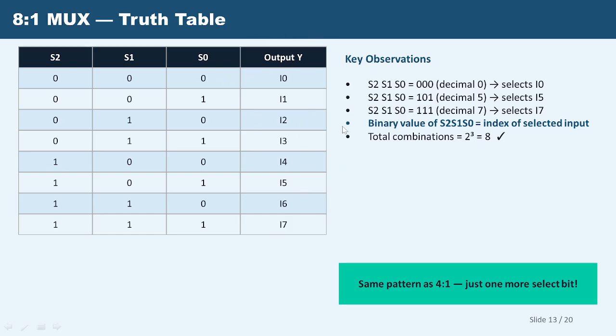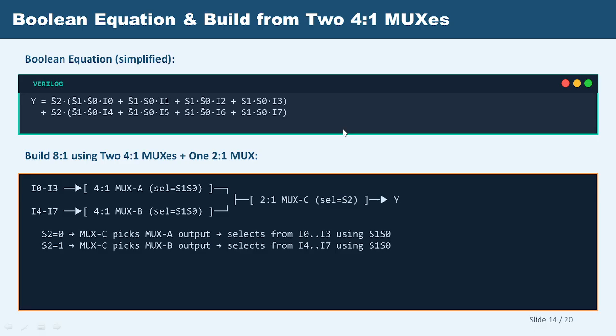So this is how the truth table looks. This is the Boolean equation. Just try to calculate this Boolean equation on your own. Today I covered the 4 is to 1 mux, right? Now look here.